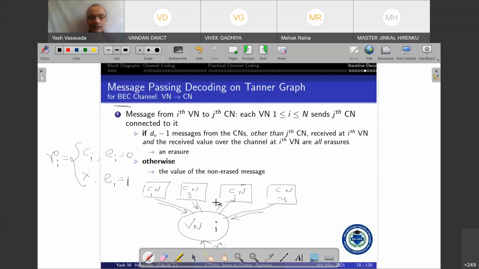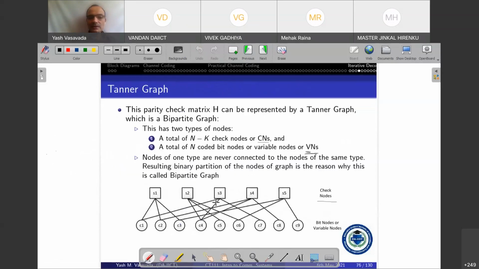Okay, now I think I may not have mentioned this. There's something called the degree of the check node, degree of the CN. And similarly, there is something called the degree of the VN, of each individual VN.